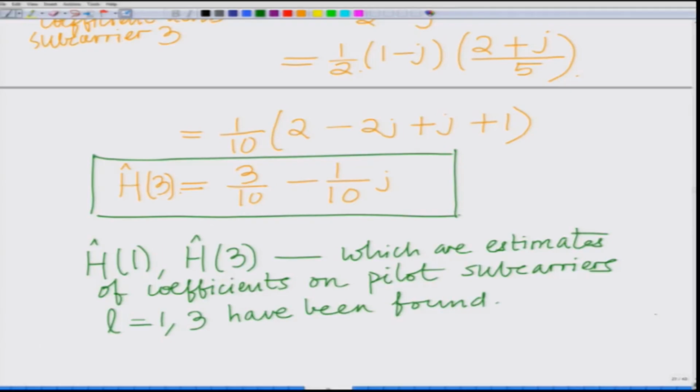Remember, we looked at comb type pilot estimation. From the estimates of the channel coefficients on the pilot subcarriers, we compute the time domain estimates of the channel taps. That is the next step, and it can be illustrated as follows.